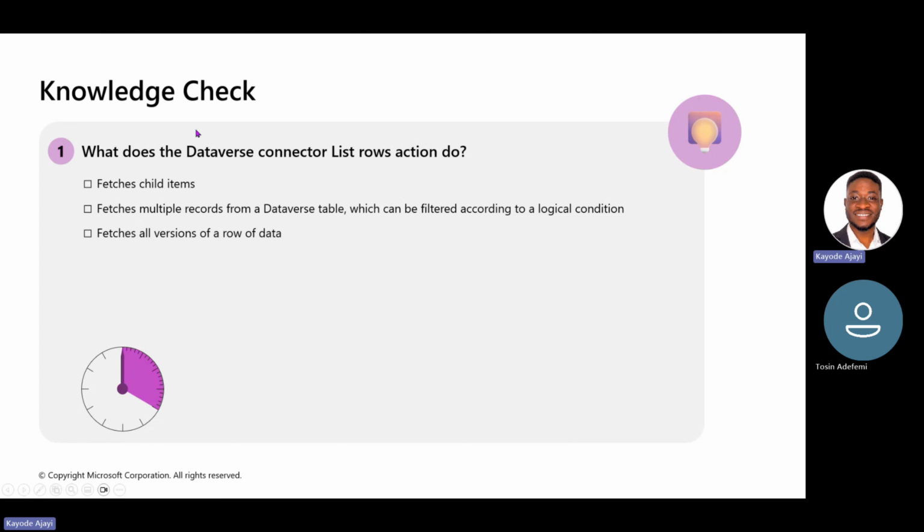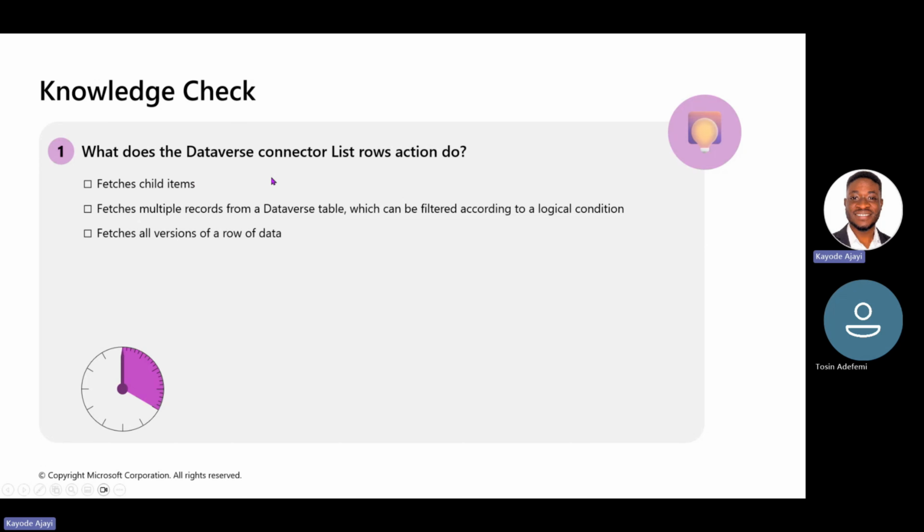What does the Dataverse connector list rows action do? List rows is just like get items for SharePoint. Basically it just returns the list of records. Here is the B one that says fetches multiple records from a Dataverse table, which can be filtered according to a logical condition.